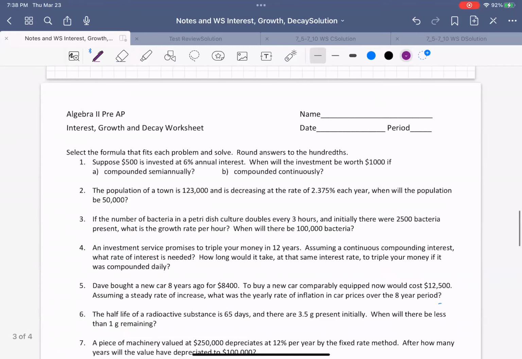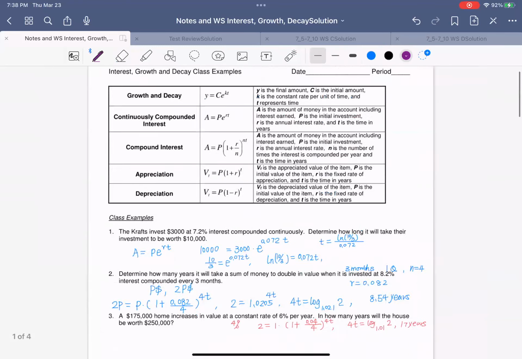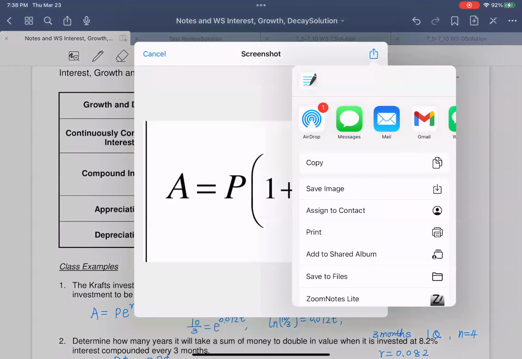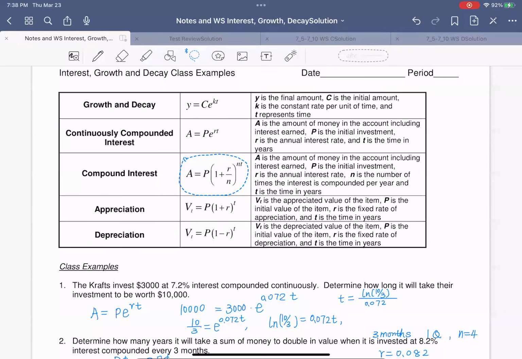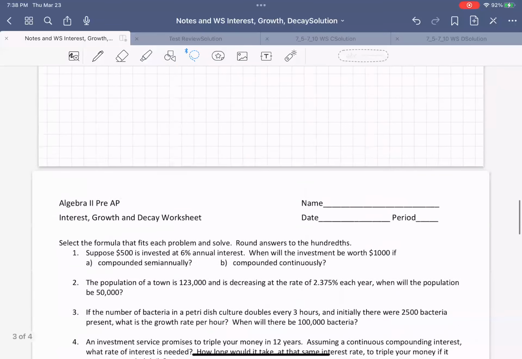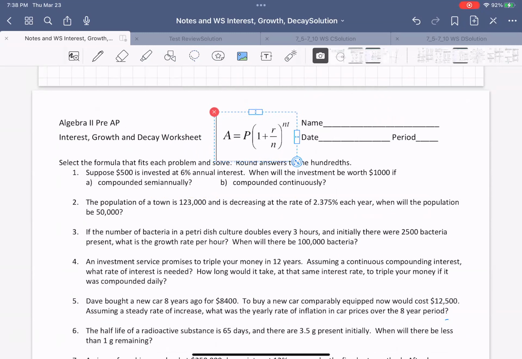This one is exactly using this formula here. Compound interest, that's the formula you want to use. Okay, go ahead. Number 1.